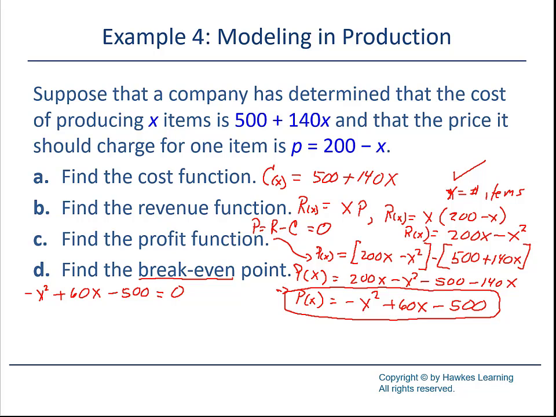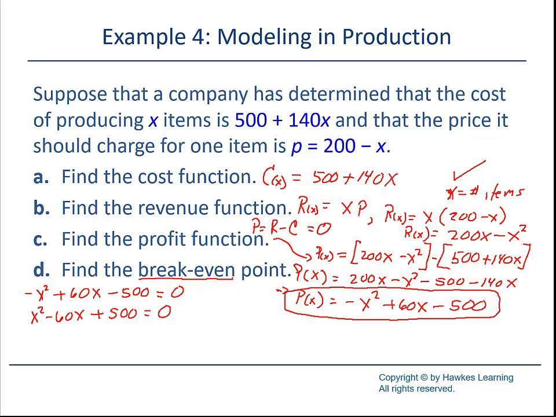To make this a little easier to work with, I'm going to multiply through the entire equation by -1. That'll give me x squared minus 60x plus 500 equals 0.